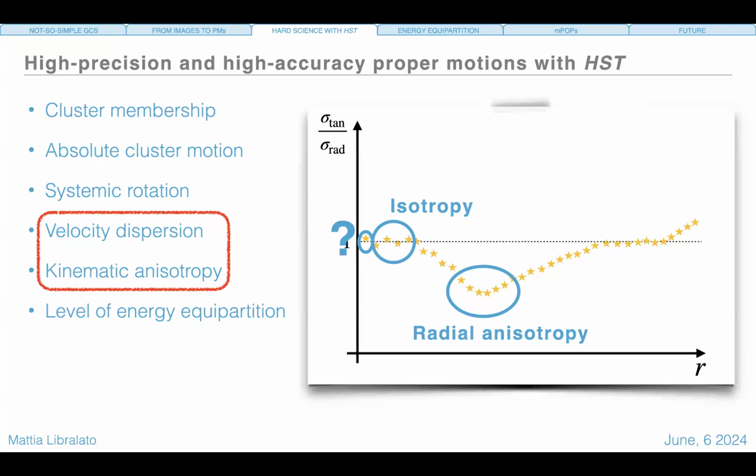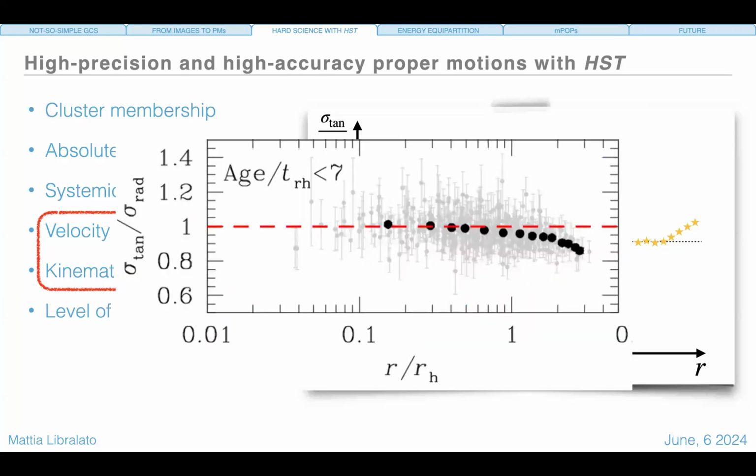One of the things we were able to do was to see the temporal variation of these plots. We took our clusters and divided them into dynamically young ones, whose stars have experienced only a few relaxation times, so they might still show these features, and dynamically old systems, whose stars have experienced many relaxation times, so they've probably lost most of these features. And this is what we saw.